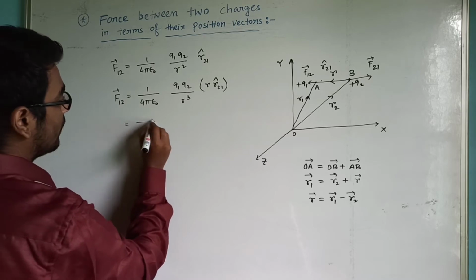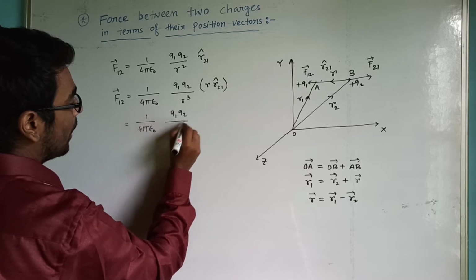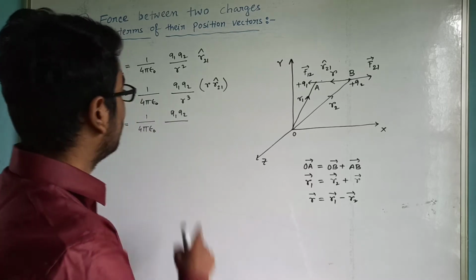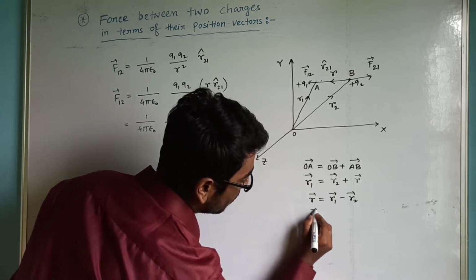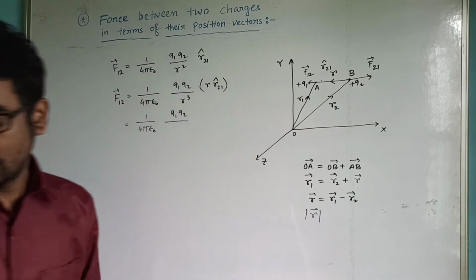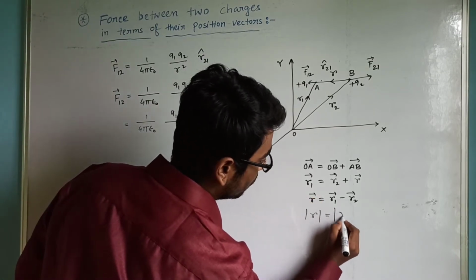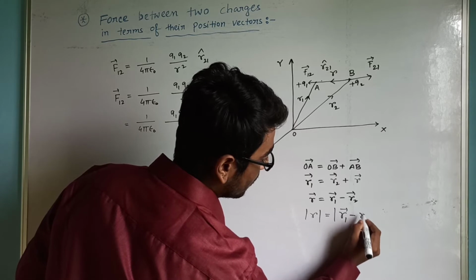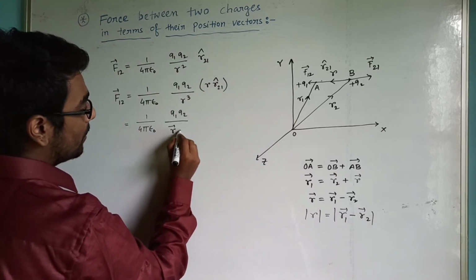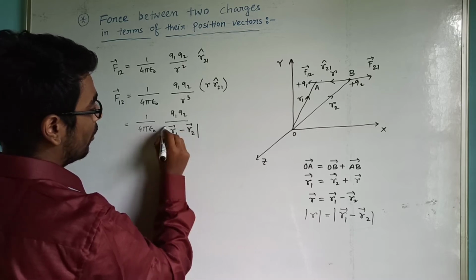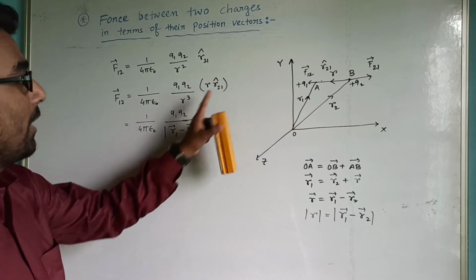Now we can write 1 by 4 pi epsilon naught, Q1 Q2 by R, where R is the magnitude, so we need to put the R cap vector. This magnitude will be equal to the mod of r1 vector minus r2 vector, so it will be mod of r1 minus r2 vector whole cube, and the R cap.